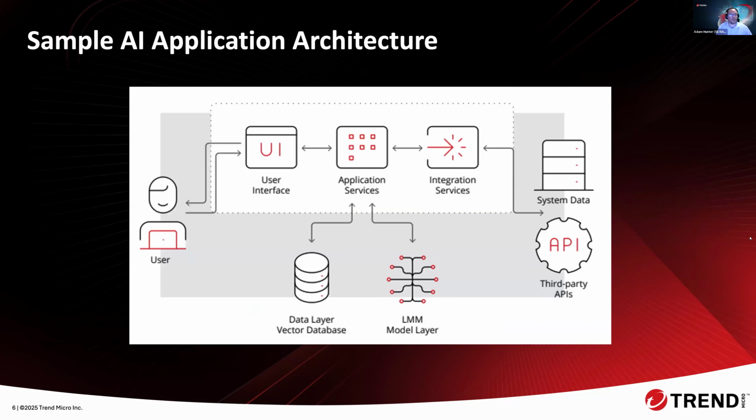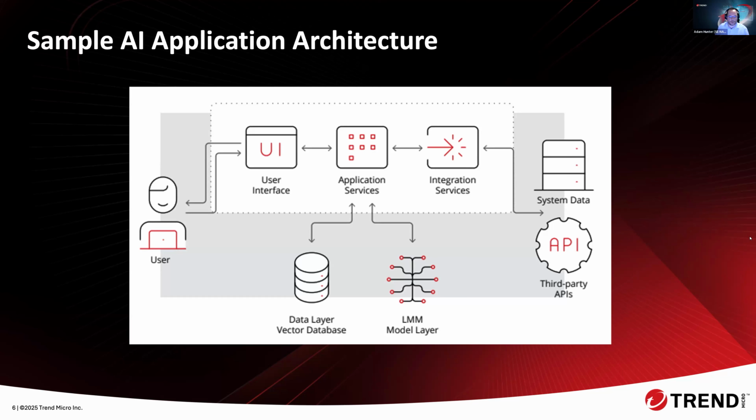So as we look at AI applications, it's good to step back and look at what a sample AI application architecture looks like. You have your users. You'll have a user interface. A good example of the user interface may be a chat window. And then you have your application services. You can think of these as your microservices. This is where your NVIDIA NIM containers would live.